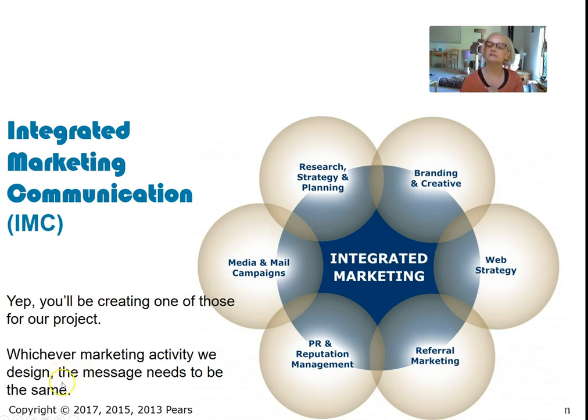All the activities need to have the same message. Check it out, look around and try to identify some of your favorite brands and see whether they communicate the same message throughout everything they do, whether it's social media, billboards, radio ads or TV ads. Check it out.